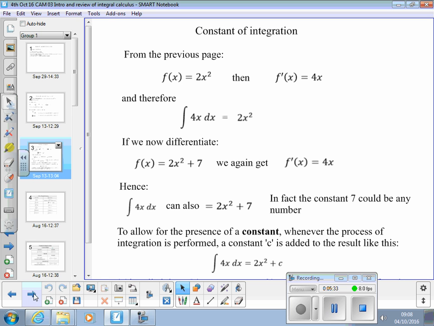So to allow for the possible presence of a constant, which could be equal to any number including 0, we have to have a constant of integration when we integrate and obtain an indefinite integral. So when we integrate 4x, we need to end up with 2x squared, but we also have to add a constant of integration.